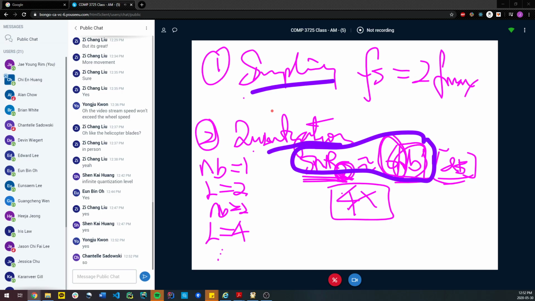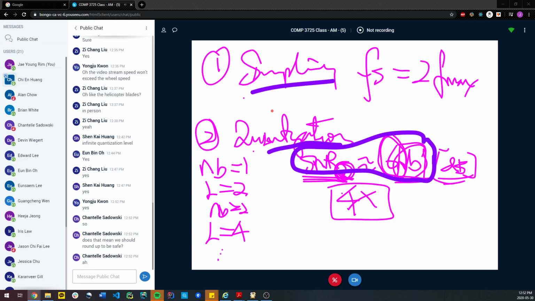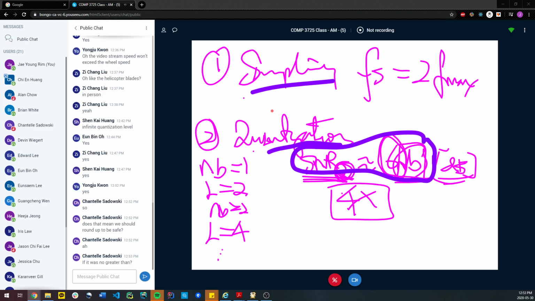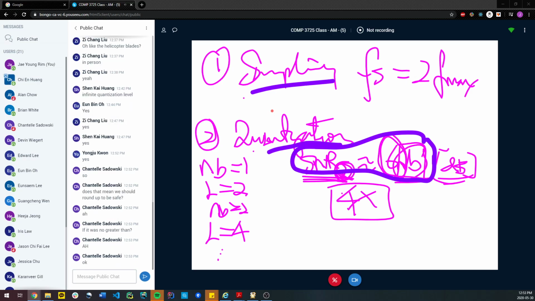Yes, Chantel. So this, you don't take the floor, you take the ceiling. No, because it's the ceiling, because it says no less than. If I take 6 and I go 6 times 6 minus 1.25, what do I get? A value greater or lower than 40 dB? It's lower, so it doesn't meet the requirement.